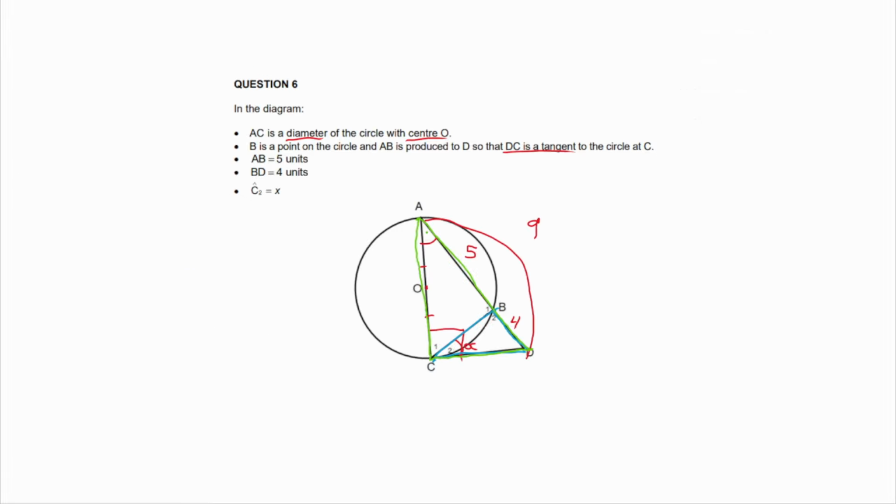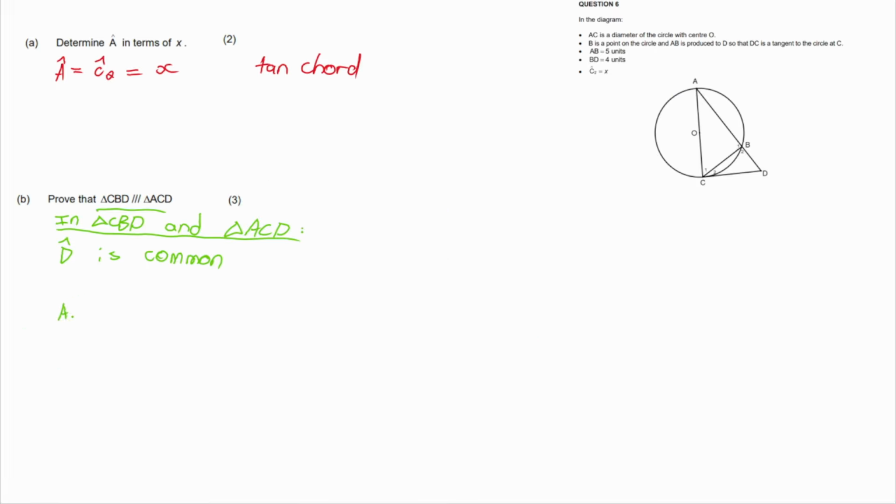So we know that angle ACD is 90, and that's because of radius perpendicular to a tangent.